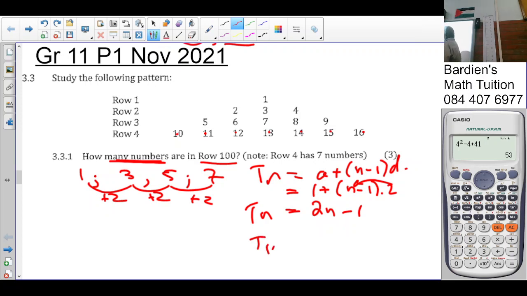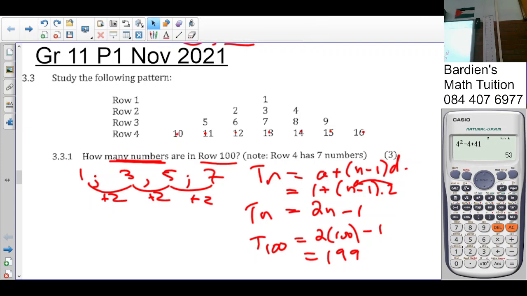So term 100 or row 100 will be 2 times 100 minus 1, which is 199. So in row 100 there are 199 numbers in that row. Okay, you guys understand? Then the question is asked in the next one.